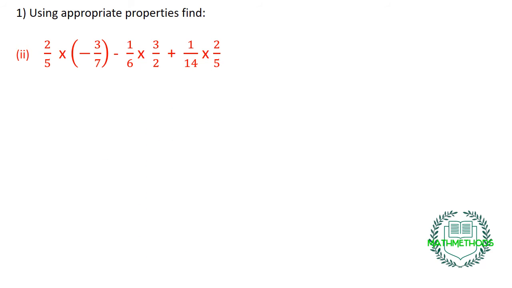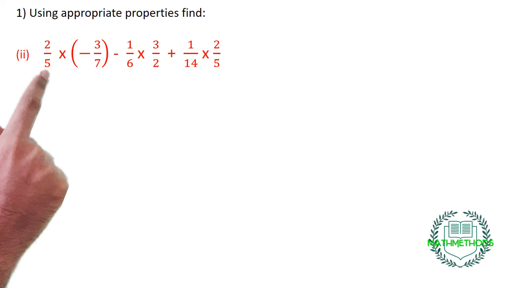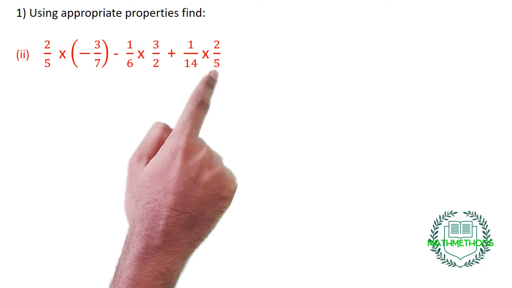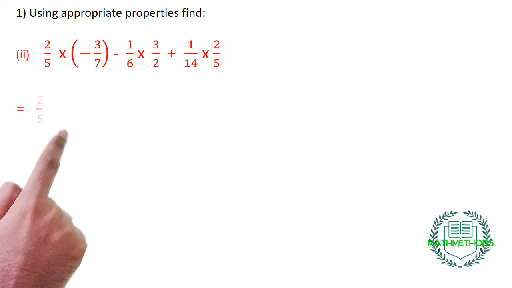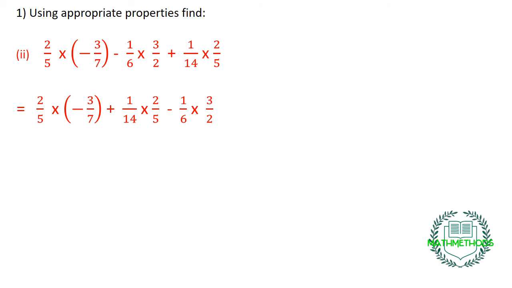So we can use distributivity property of multiplication over addition. First, rearrange the terms to bring 2 upon 5 and 2 upon 5 together. Rearranging, we get 2 upon 5 multiplied by minus 3 upon 7 plus 1 upon 14 multiplied by 2 upon 5 minus 1 upon 6 multiplied by 3 upon 2.